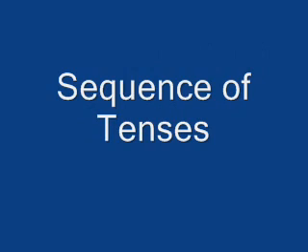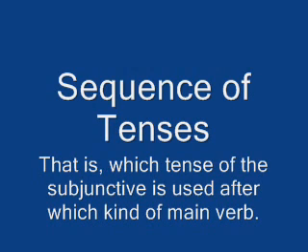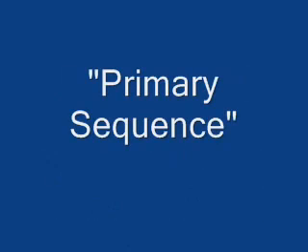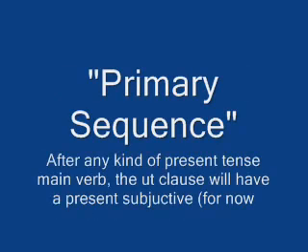That's just about it. The only thing left to talk about is the so-called sequence of tenses. That is to say, which tense of the subjunctive is used after which leading verb. For now, it's going to be quite easy, as in the first chapter that we dealt with the subjunctive.